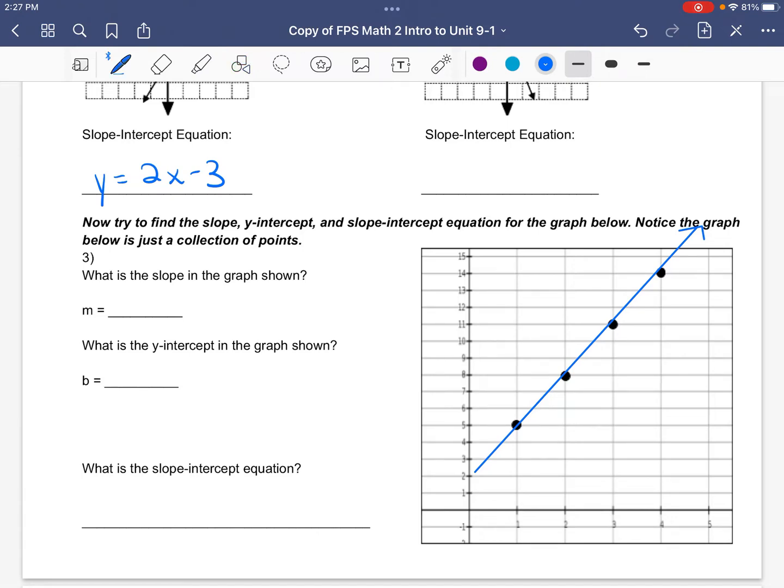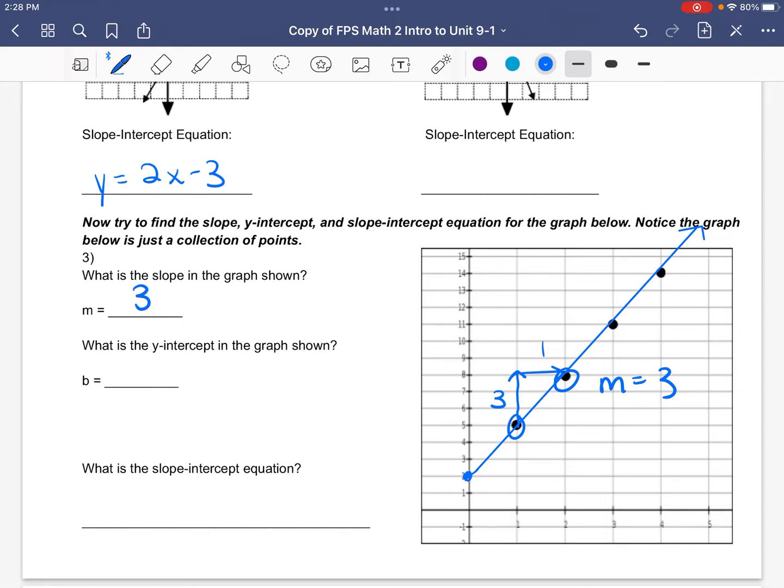Well, I'm just going to go from one point to the next, left to right. 1, 2, 3. And I'm going over 1. So my slope is 3. Now the y-intercept isn't exactly shown, right? But when I tried to graph this, it looks like it's going to hit maybe 2.